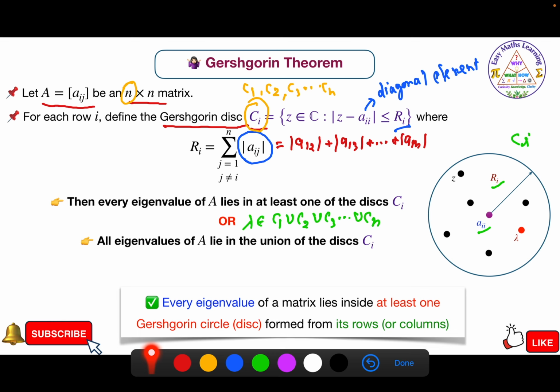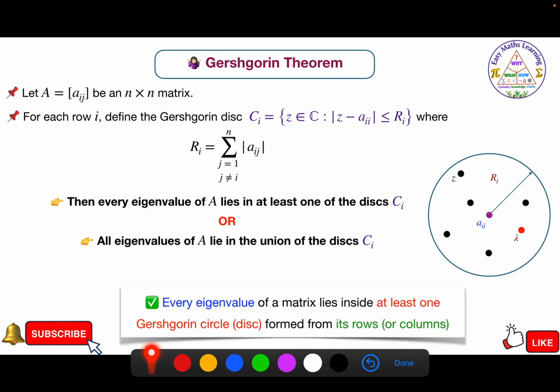Every eigenvalue of a matrix A lies inside at least one Gershgorin disk formed from its rows or columns. This theorem we have defined with respect to rows, and it can be defined with respect to columns also in a similar way.